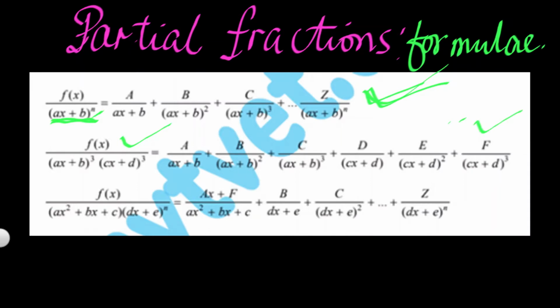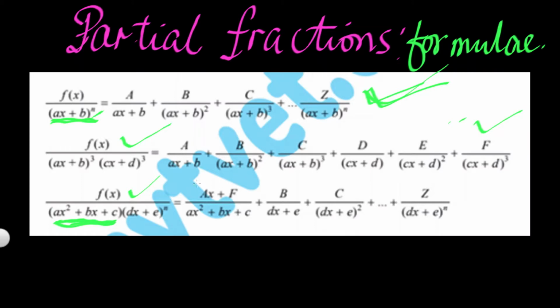Then the last format, which is very, very important because it is quite different from the rest. What we have here is a denominator which has two factors. One of the factors is a quadratic function that cannot be factorized. Please take this carefully. One of the denominators is a quadratic function that we cannot factorize.